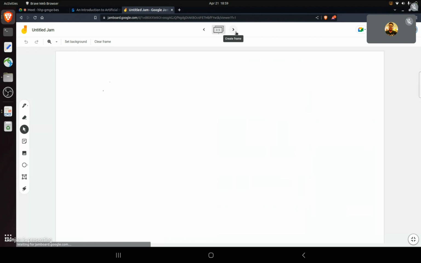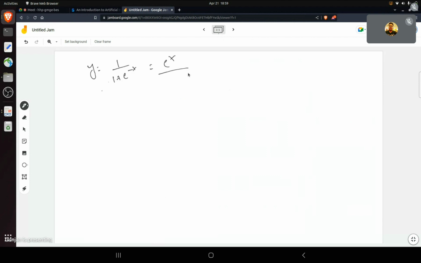It's pretty straightforward. Sigmoid is 1 over 1 plus e to the power minus x, or we can also write it as e to the power x over 1 plus e to the power x, right? So this will be 1 minus 1 over 1 plus e to the power x, right?